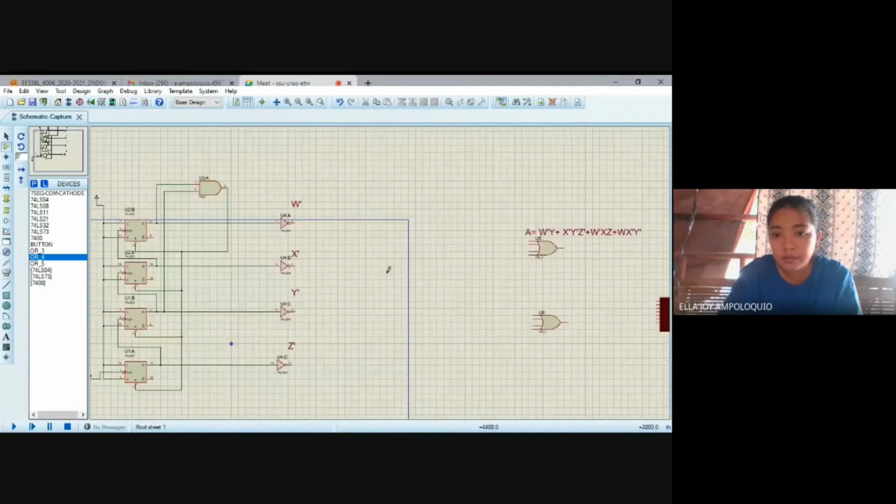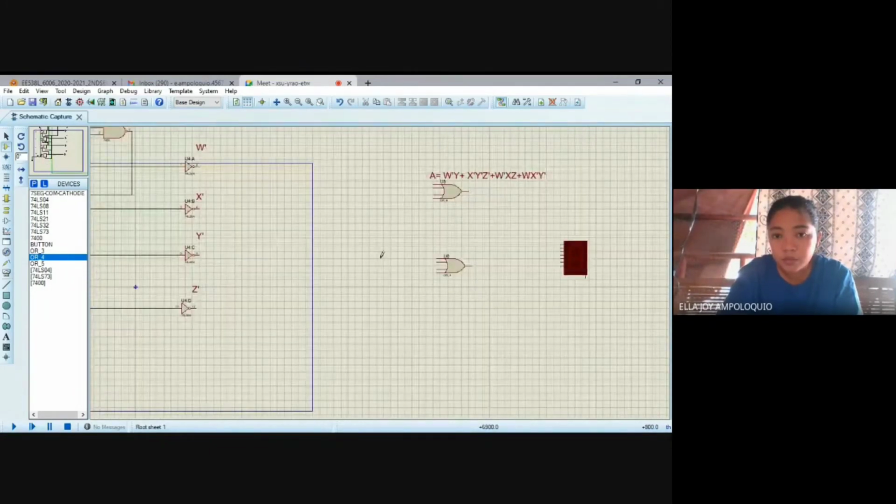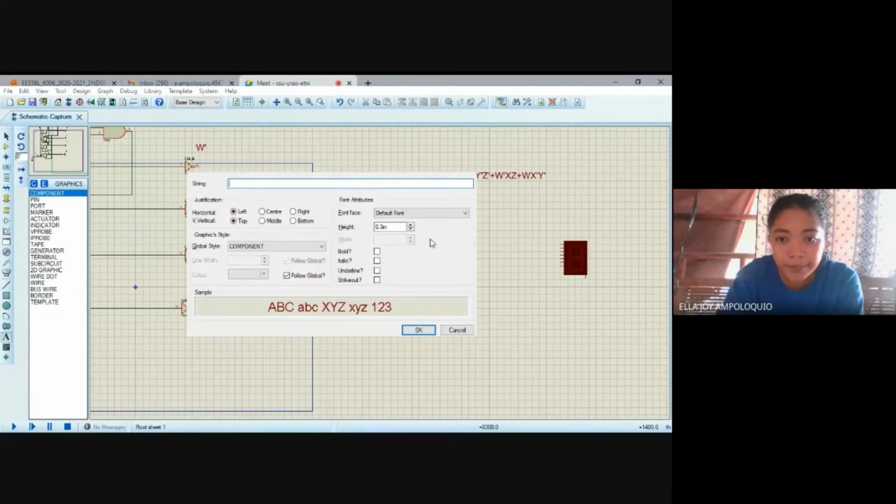Then I will put the equation for letter B. I will put the equation first so that I will easily identify the connection later.